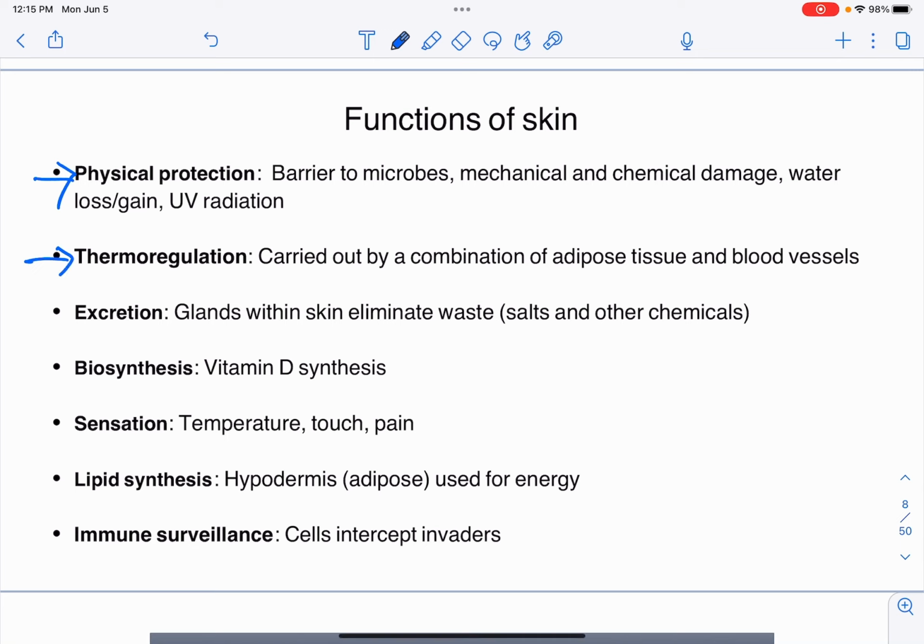One of the second major roles is thermoregulation. This is carried out by a combination. I'm going to show you soon that there is an adipose tissue layer or fat within skin, and there are also blood vessels associated with skin, especially close to the surface. These vessels can be adjusted to dump heat into the environment or to retain heat.